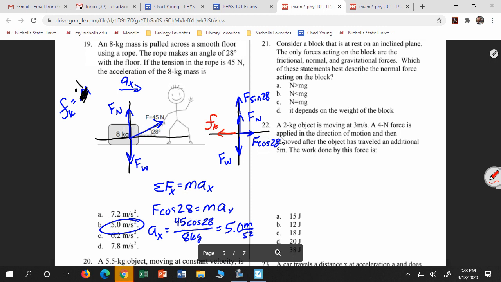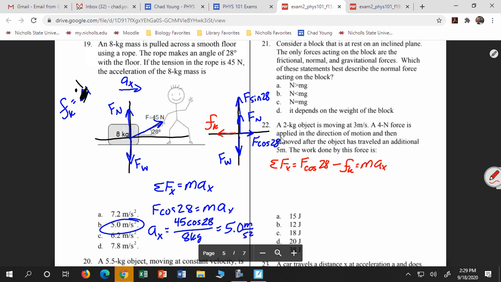If I want to know the acceleration of this object, is it going to go faster or slower than it did before? Slower, right. So if I write the sum of the forces in the x direction again, now it's going to be F cosine of 28 minus Fk, and that's going to equal max.